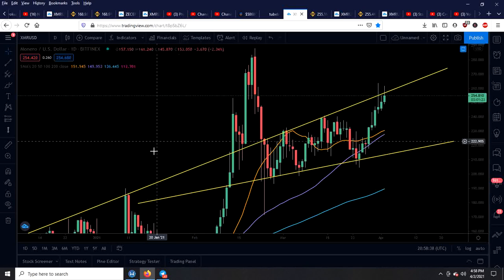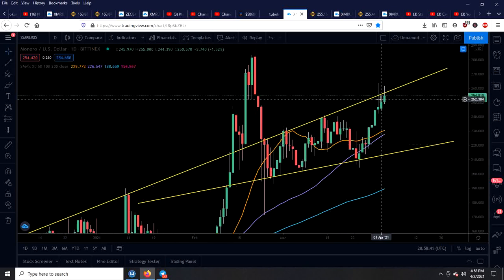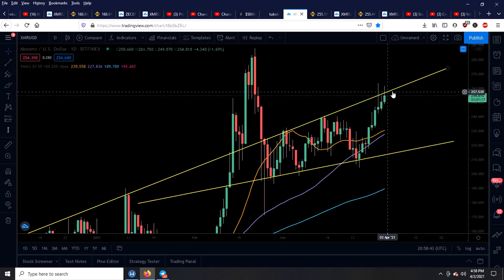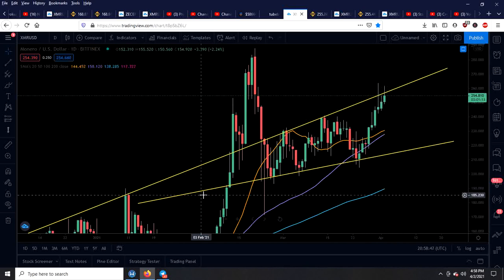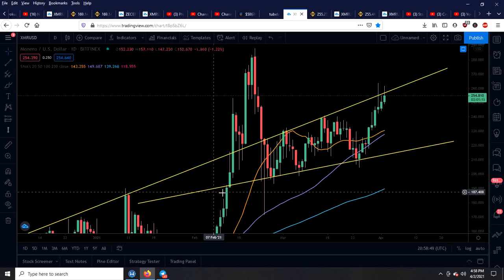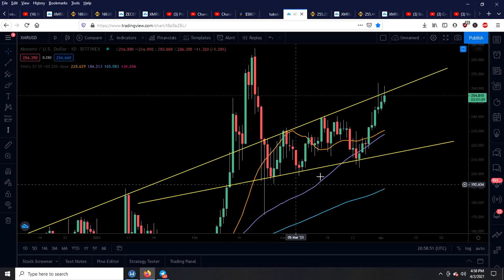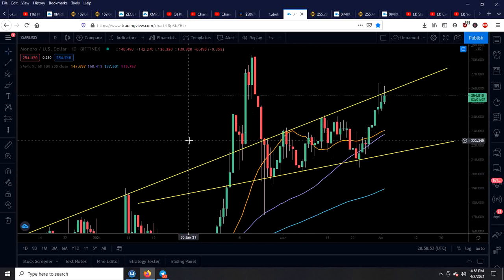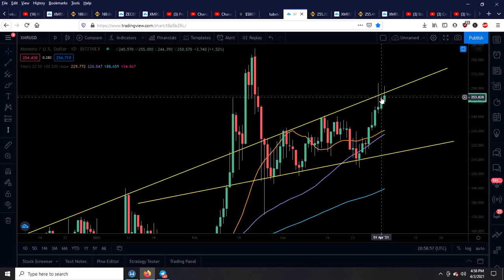First of all, we've got this upward trend line that's been forming, which is now turning into the top part of a rising ascending wedge, right? So you see the parameters here. So what that tells you right there, guys, is while we're hitting the top, I always tell you guys, we don't go straight up.